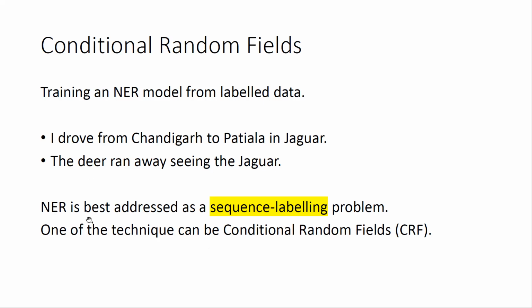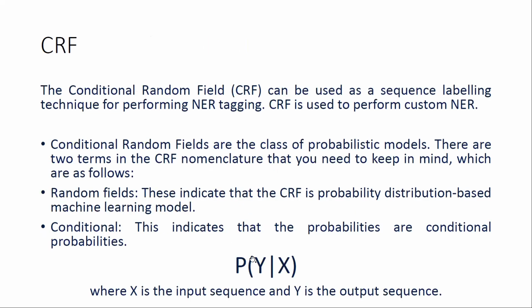NER is best addressed as a sequence labeling problem, and one of the techniques to get this job done, to understand that one is a vehicle and the other is the animal, is the conditional random field. And what is a conditional random field? Let's know the meaning of it. A conditional random field can be used for sequence labeling, and it is one of the classes of probabilistic models.